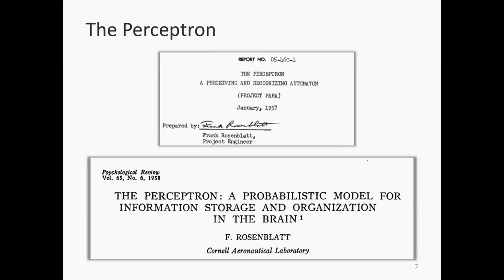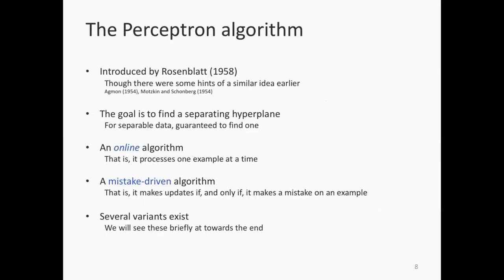But it's kind of an optimistic time. This algorithm is attributed to Frank Rosenblatt, but actually the mathematical versions of it were known a little before that in the mathematical optimization community.